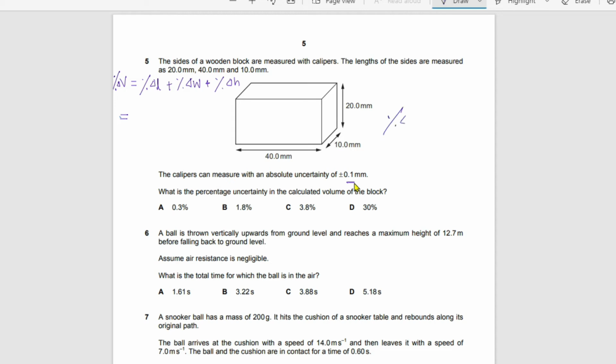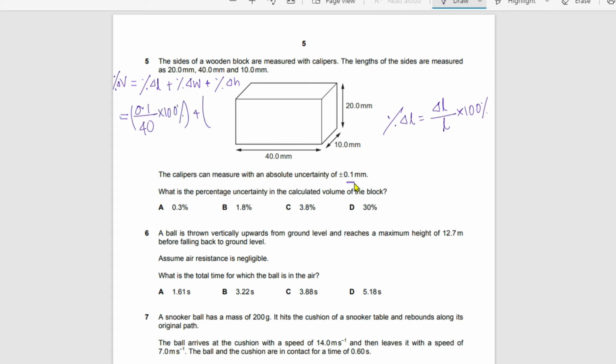Percentage uncertainty of length is its absolute uncertainty divided by its value multiplied with 100%. This is how we are going to write down for all these dimensions like width and height. So percentage uncertainty of length is 0.1 over 40 multiplied with 100%.